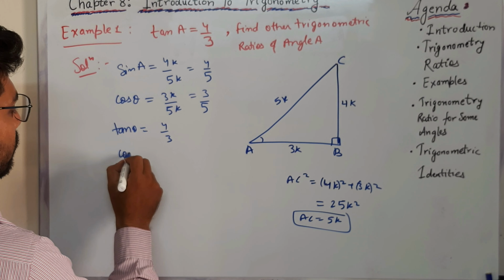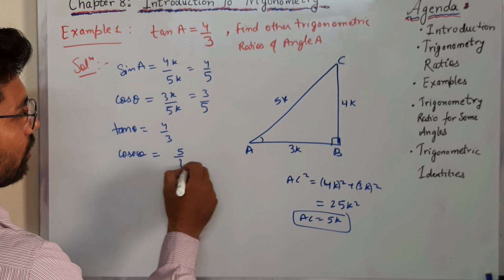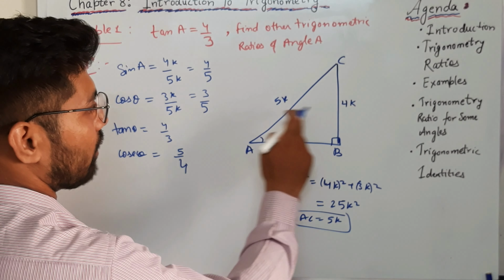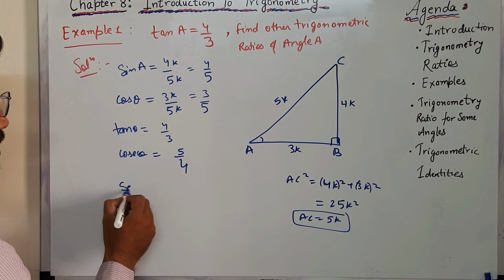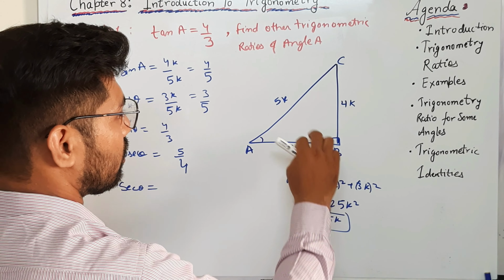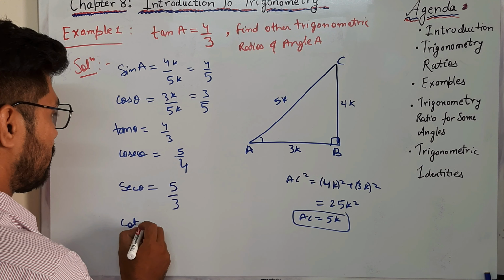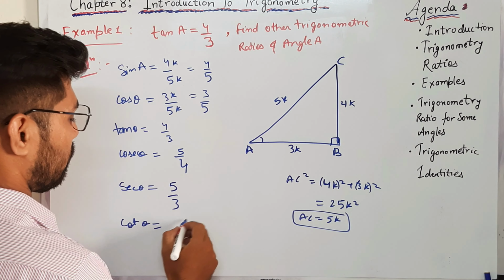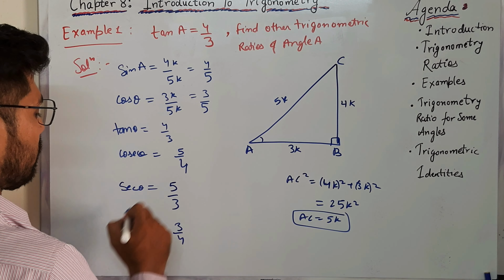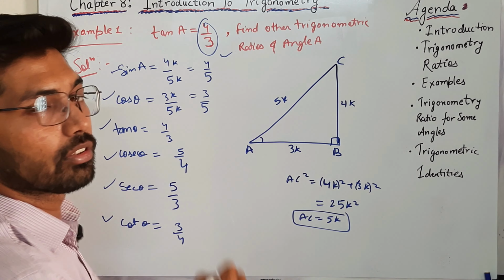And cosec theta is equal to 5/4. Sec theta is equal to hypotenuse upon base, which is 5/3. And cot theta is equal to 3/4. So this is how we write the other trigonometric ratios if we know this one.